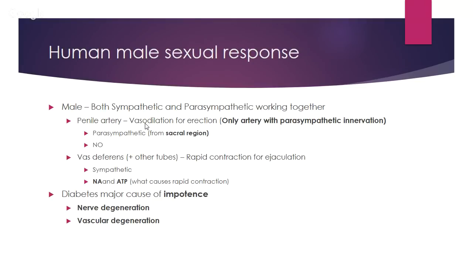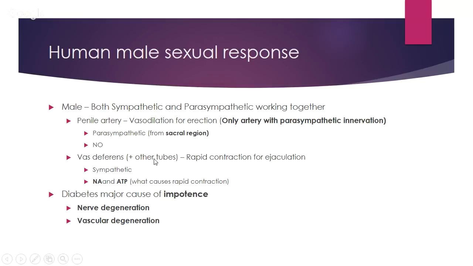Human male sexual response. It's one of the odd parts of the body where you have both sympathetic and parasympathetic working together. I mean, they always kind of work together, but yeah. The penile artery is the only artery with parasympathetic innervation, and it uses nitric oxide, as I said before, for vasodilation. That's important for an erection, but for ejaculation, you need sympathetic activity.